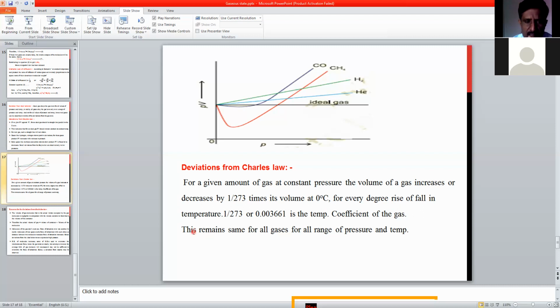So this will be the same for all gases. Any change in volume with rise or fall in temperature other than 1 upon 273 times is called deviation from Charles' law. So this is explained here, how gases deviate by applying certain pressure and temperature.